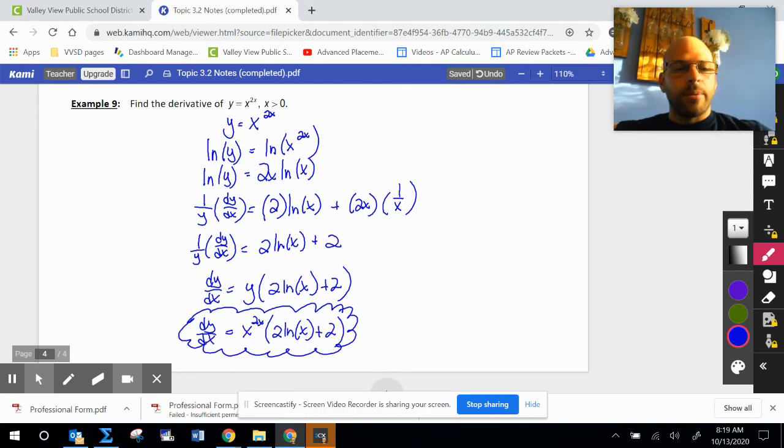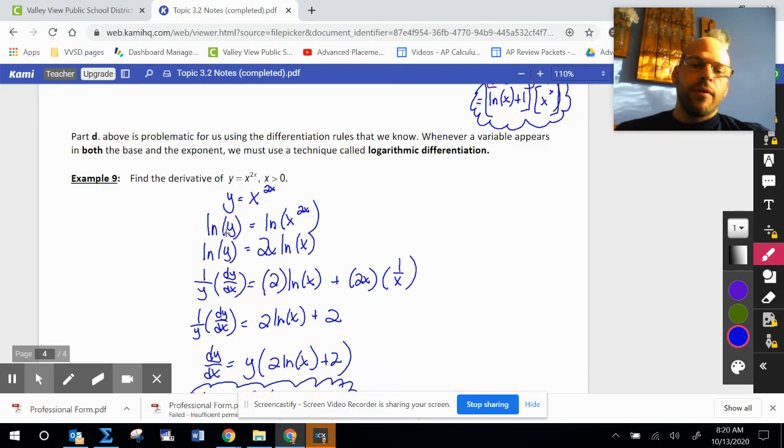So in future problems, in topics beyond this one, we're going to take the derivative of functions, or I should say relations, that have multiple variables in them, okay? If you have multiple variables, we need to figure out what we're taking the derivative with respect to, and any variable that does not match that is going to get a rate of change at the end of it, okay?